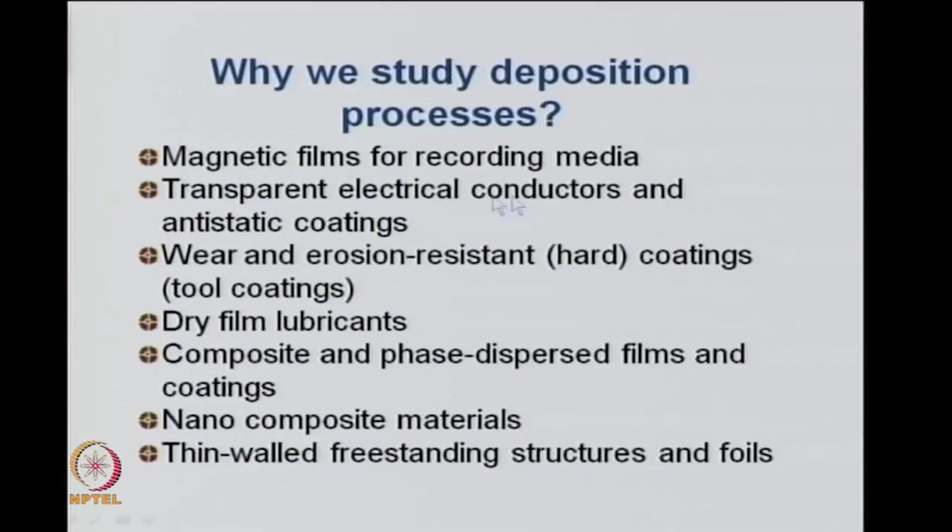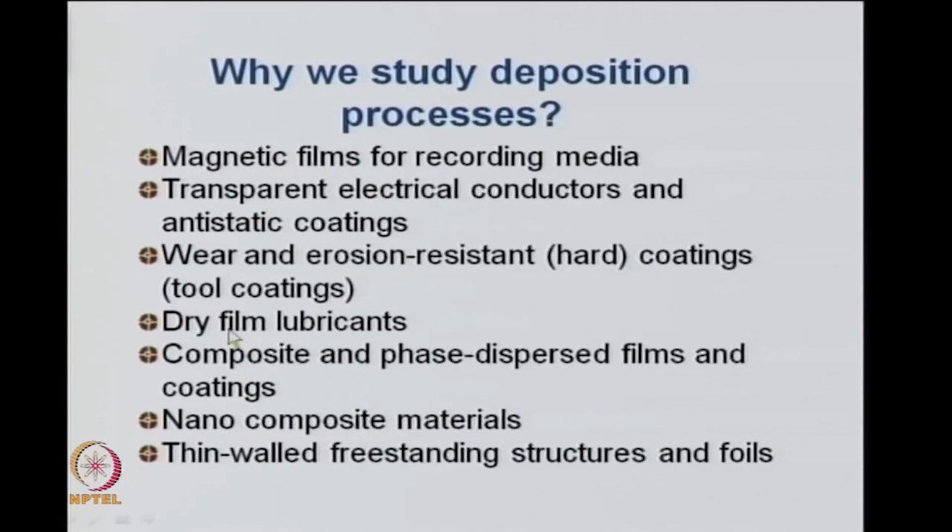Transparent electrical conductors are required in several places, and anti-static coatings are required. You can make, as we discussed, wear and erosion resistant hard coatings on tools. So, the tools which are used for heavy duty work do not get worn off. You can make coatings of certain materials on top of those tools.